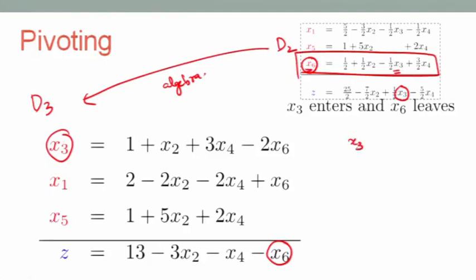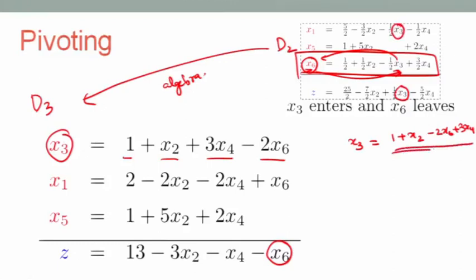So you say x3 equals 1 plus x2 plus 3x4 minus 2x6. So that becomes a new row. Just invert these locally, and in every other row, wherever you see an x3, you substitute this. This gets substituted here, and therefore you get this new problem.